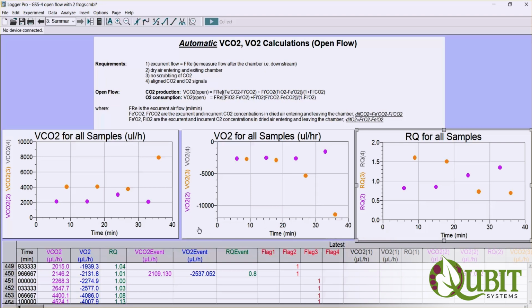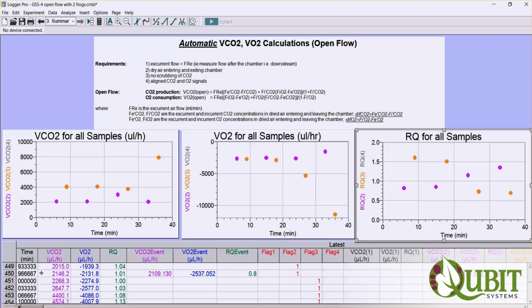The VCO2 and VO2 are provided in microliters per hour, but you can see these numbers are pretty high for these frogs. They're quite active, so one may want to adjust them into different units of mils per hour, but that can be done after you've copied your data into an Excel spreadsheet.